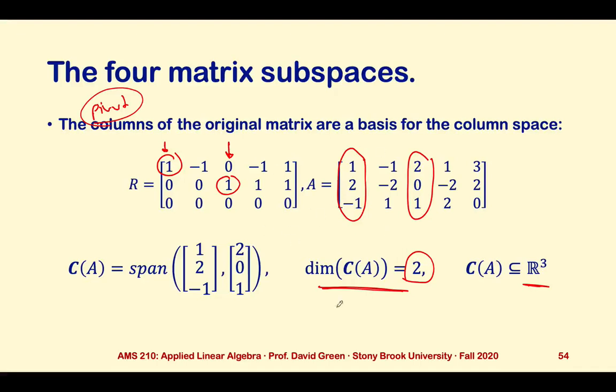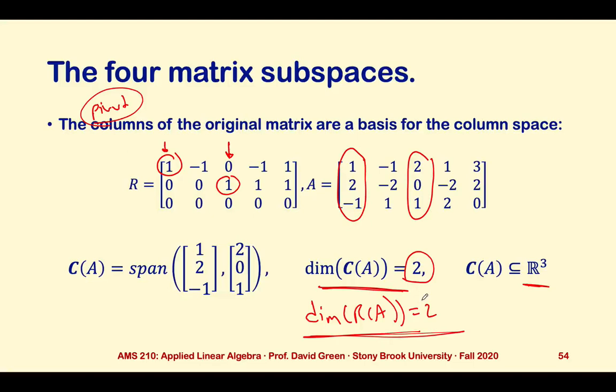There's a check here that is built into the process. We should always double check that it is in fact true. The row space that we just found had dimension 2. The column space also needs to have dimension 2. Row space and column space always have the same dimension.